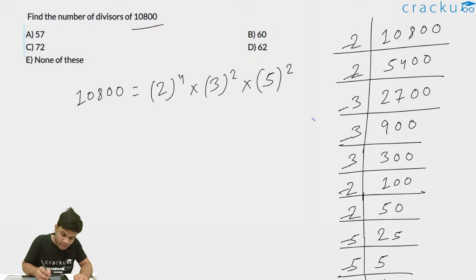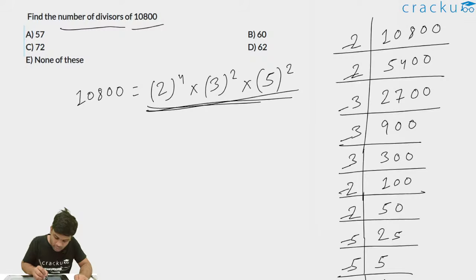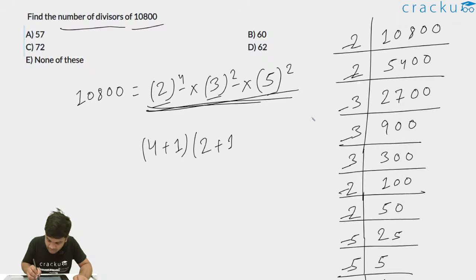Now whenever you have to find the number of divisors or number of factors of a number, do the prime factorization, come to the factors which are there, and then multiply the power of each prime number by adding 1 to it. So it is 4, we will write 4 plus 1. It is 2, we will write 2 plus 1.